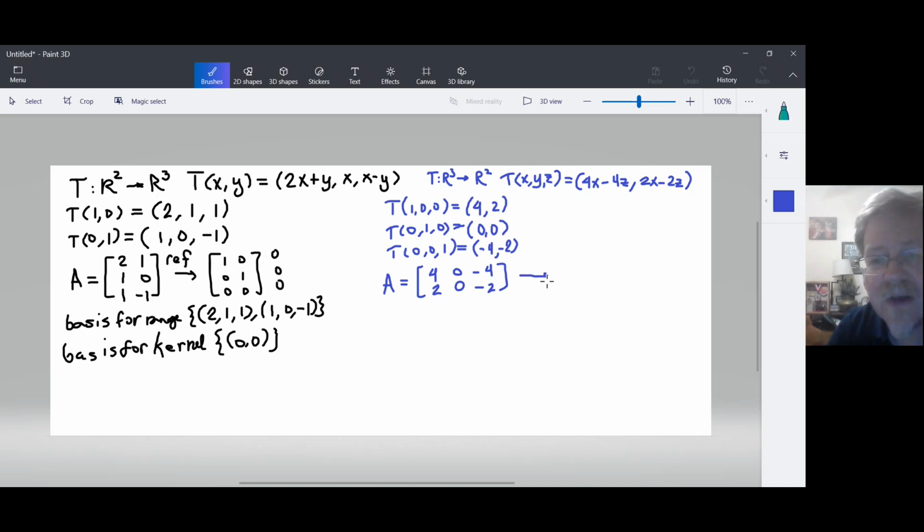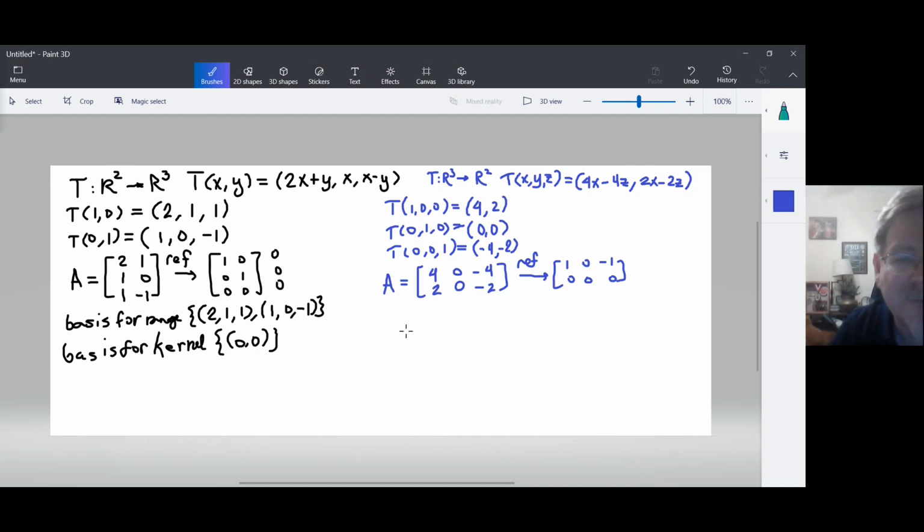Again, I'll get this into row echelon form, and actually this is probably going to be reduced row echelon form, because this is kind of simple. Again, do it by hand or throw it into the calculator.